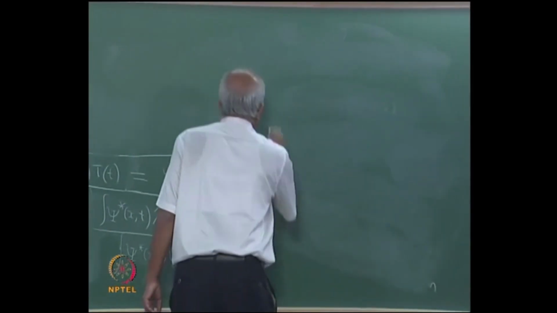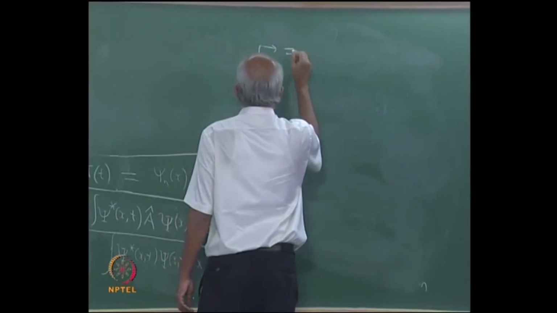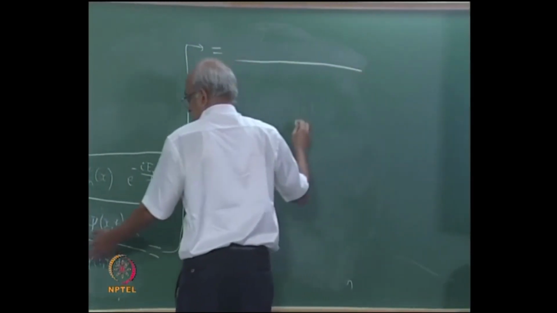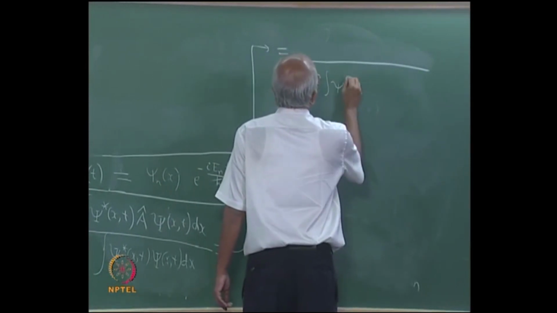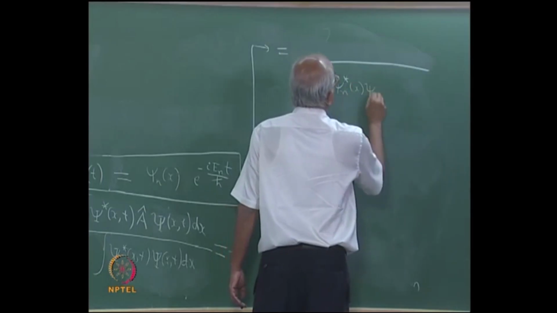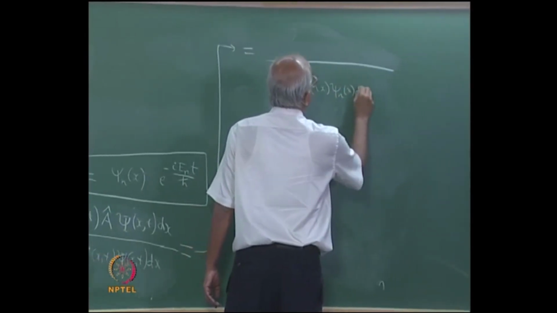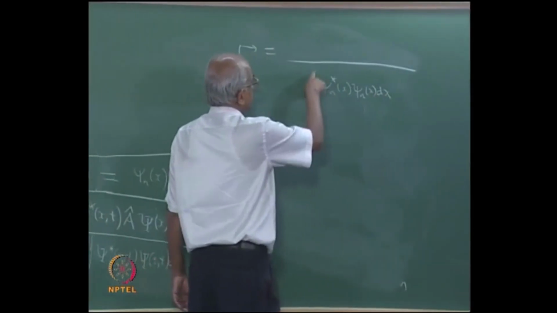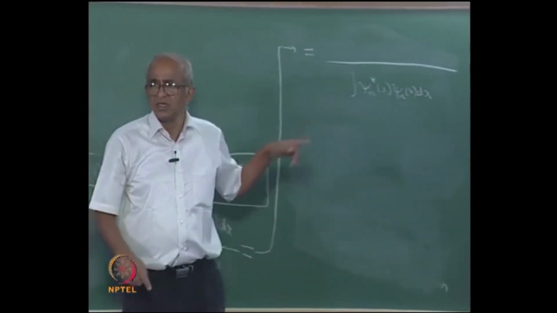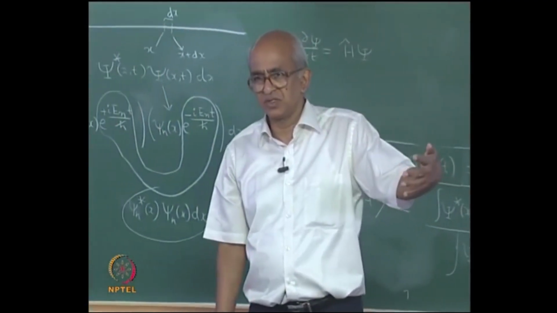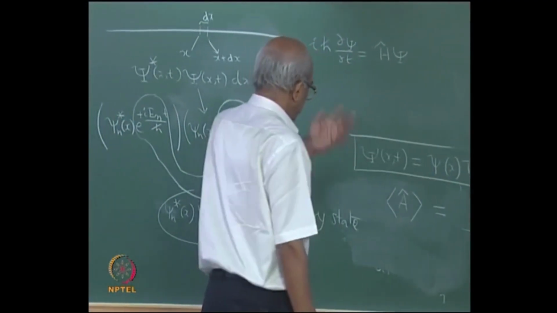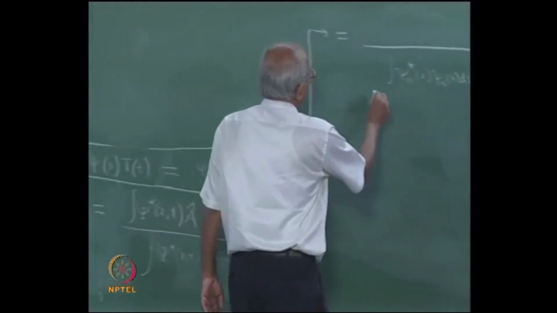So, this is equal to, the denominator is nothing but integral of psi n star of x psi n of x dx over the entire space. Even though I have not put the limits, it is over the entire space. Actually, if you want to put the limits, they are from minus infinity to plus infinity. Maybe I will do it so that there is no confusion.